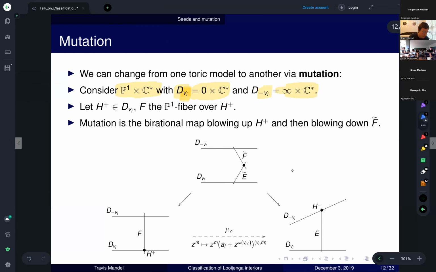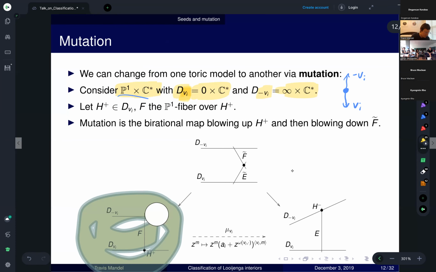So in other words, I'm considering the toric variety whose fan includes 2 rays, VI and negative VI. View this as a fan in two-dimensional space, so it gives you a toric surface. It'll give you this one, P1 times C star. So that's the picture, that's what's going on over here.